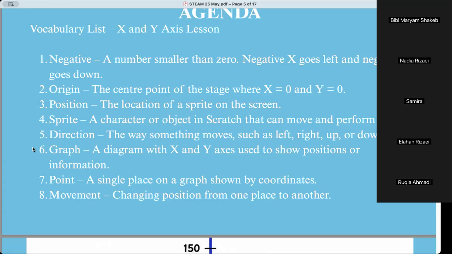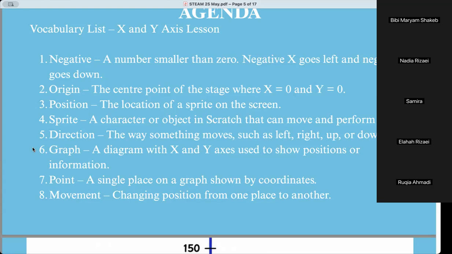Number 6, a diagram of graph. We call it a graph. X and y-axis used to show position or information.